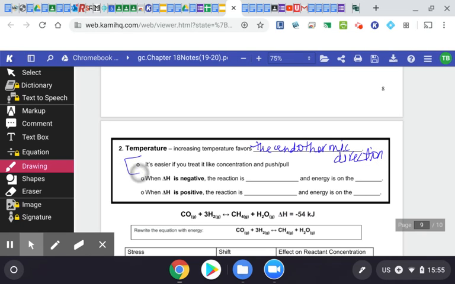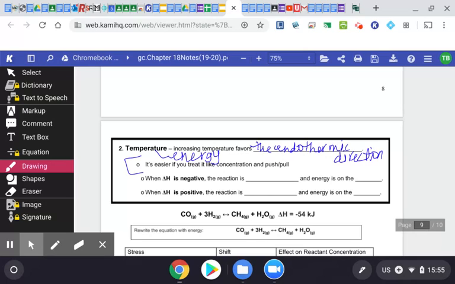It's much easier if we treat it like a concentration with the push and pull idea. So we're going to look at temperature as a matter of energy. How we're affecting temperature is how we're affecting energy. Remember, temperature is a measure of the average kinetic energy of a system. So temperature and energy go hand in hand. They're essentially the same thing.